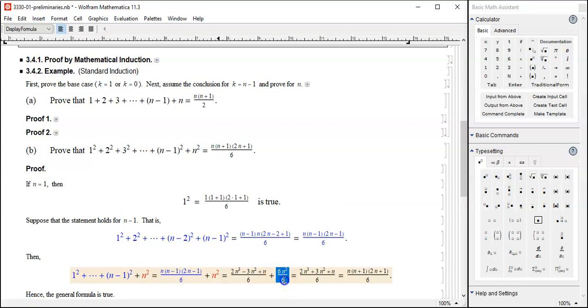Take common denominator and then break up the parentheses and then factor all those back again. It's not too difficult. It's just a quadratic trinomial, or excuse me, cubic trinomial. We end up with n plus 1 times 2n plus 1, precisely this one, precisely what we wanted all along. That's how we do mathematical induction.